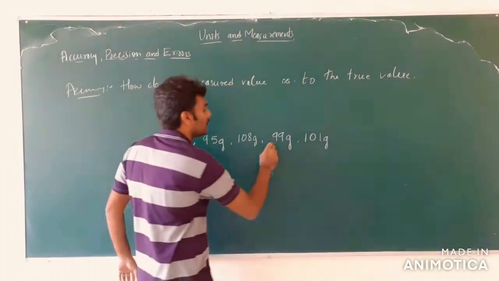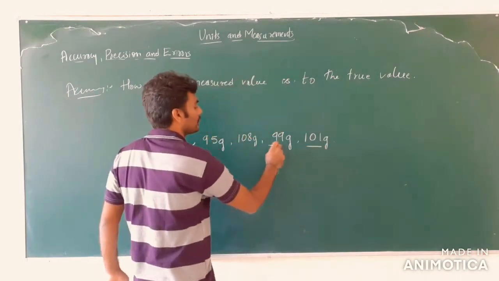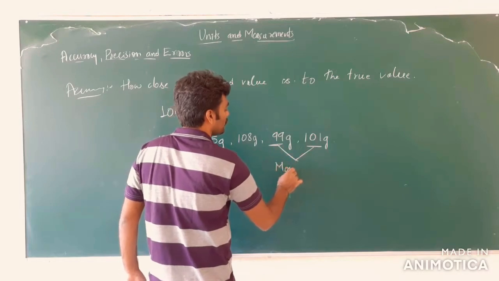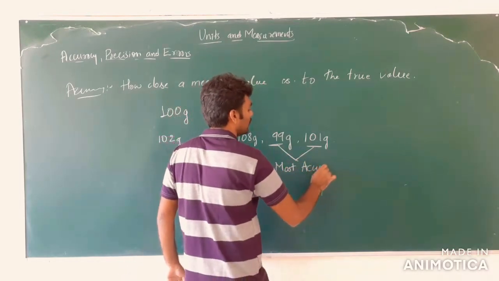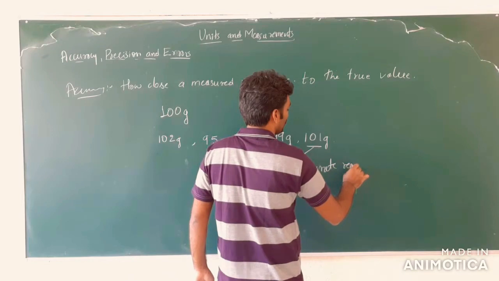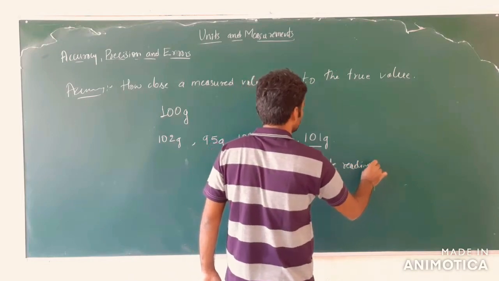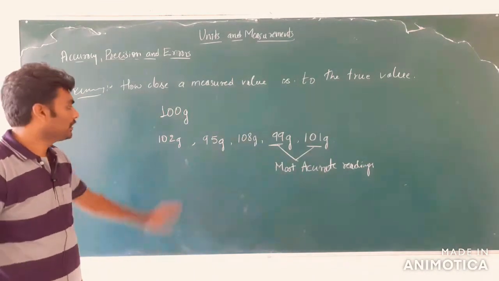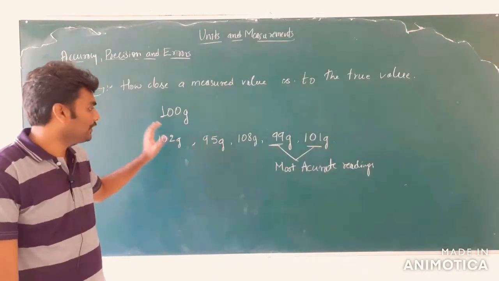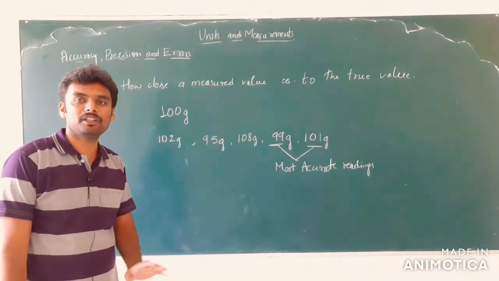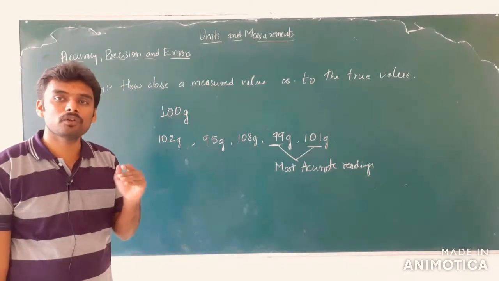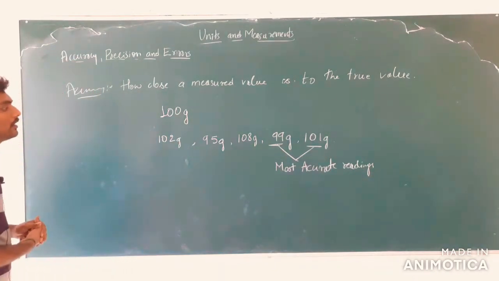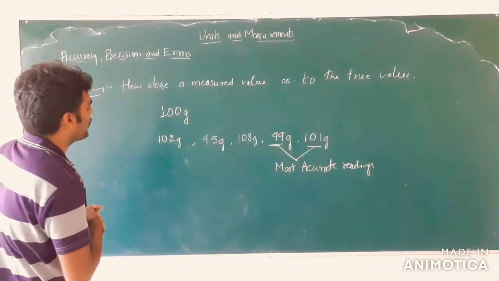So both of these readings I can call the most accurate measurements for the given true value. This is the true value and hence these two readings are taken to be most accurate. How close the value is to the true value, that is about the accuracy of the measurement.